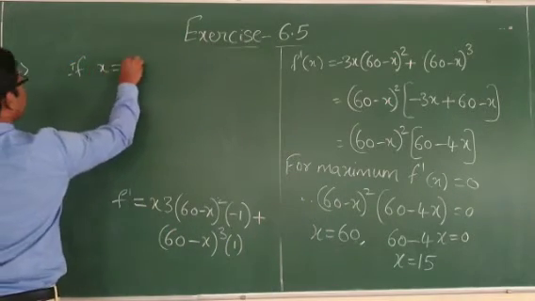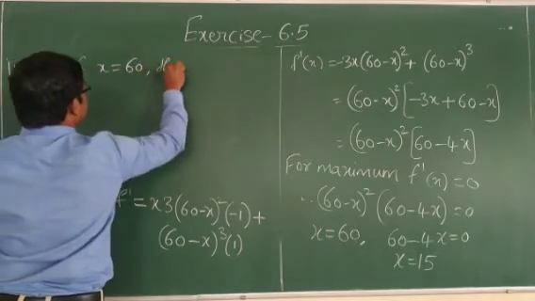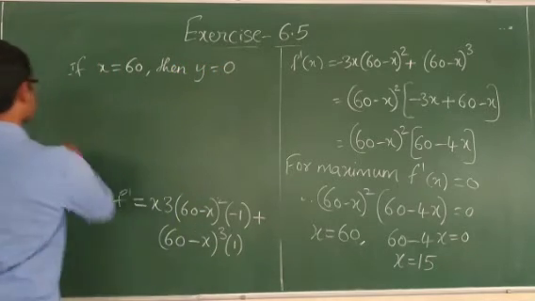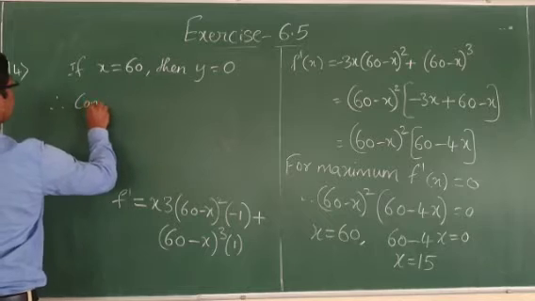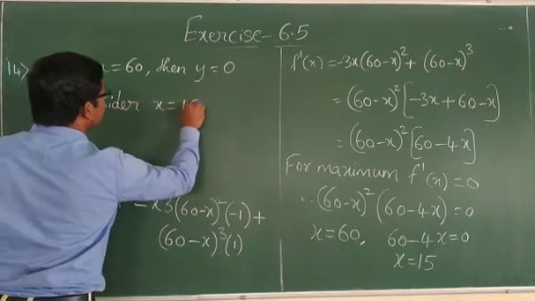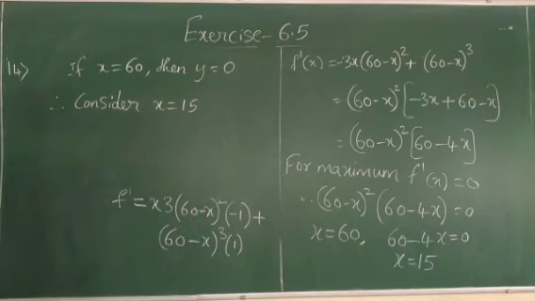If x equal to 60, then y equal to 0. Therefore, consider x equal to 15. So we consider only x equal to 15.